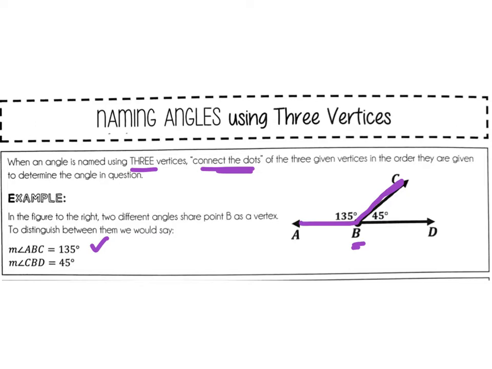See how I drew that purple line and connected those dots? So we would do that. ABC is 135. And then it says angle CBD is 45 degrees. So I imagined I was connecting dots, C to B to D. So that's how I knew that that angle is 45 degrees.